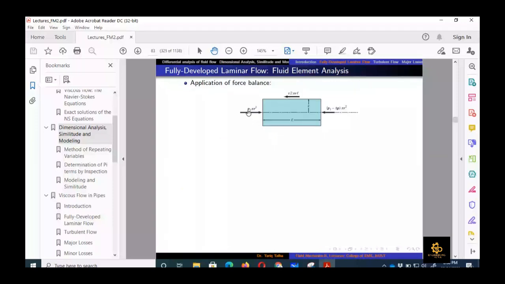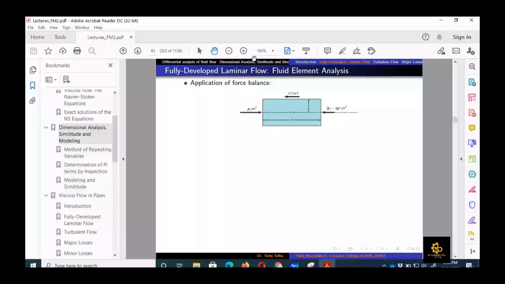To make it a force, we need to multiply it with the area on which it is acting. As I have already explained, it is a circular element if we see it from this side. Its radius is r, so the cross-sectional area would be pi r squared. Maybe I need to zoom in a little bit.